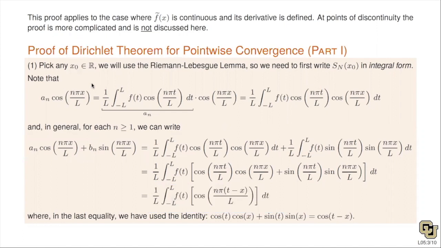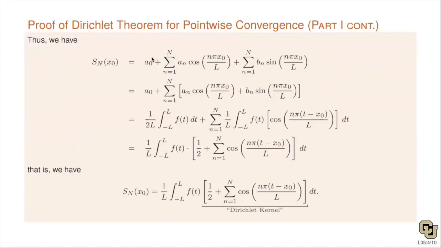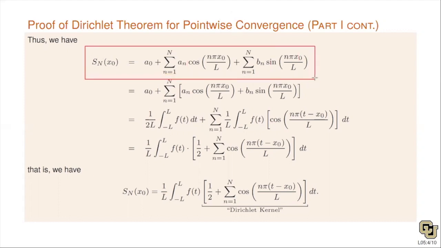So the point here is that our first waypoint of the proof is when we're able to write this partial sum as an integral. Here you really want to see at the top that it's written as a sum, and you can ignore all this stuff in the middle. That's just pushing symbols around.